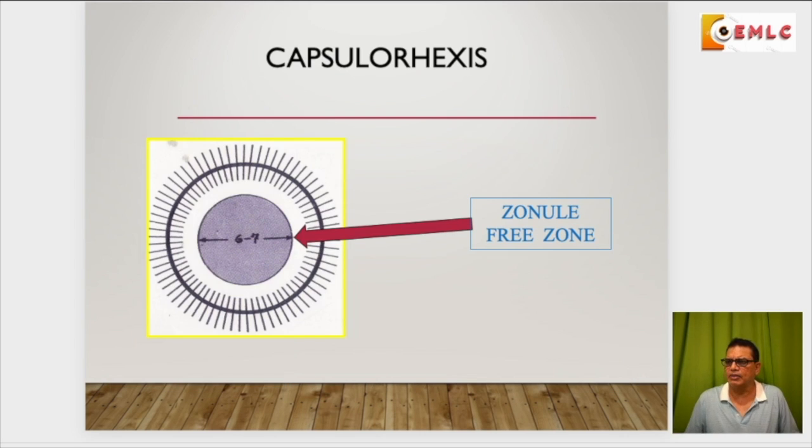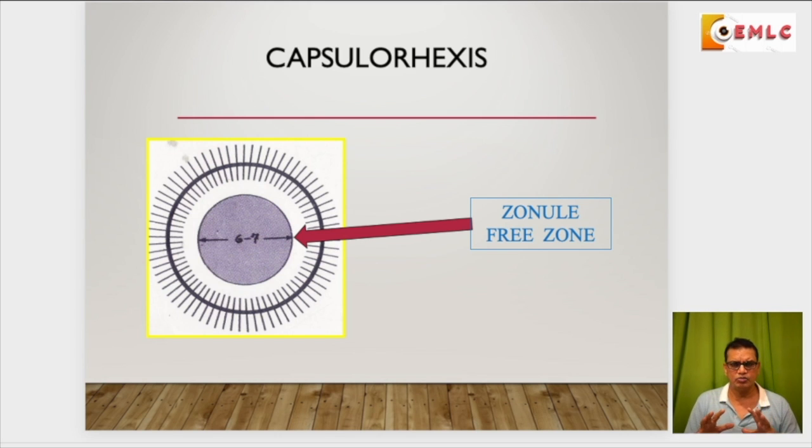Now coming to the capsulorhexis, this is a very important slide, I must say. What you need to know and understand in rhexis is that your central 6 to 7 millimeter zone, depending on the dioptric power of the eye, is zonule free. In a very high hypermetrope, the diameter of the lens is slightly less and you get a 6 millimeter zone at the center.